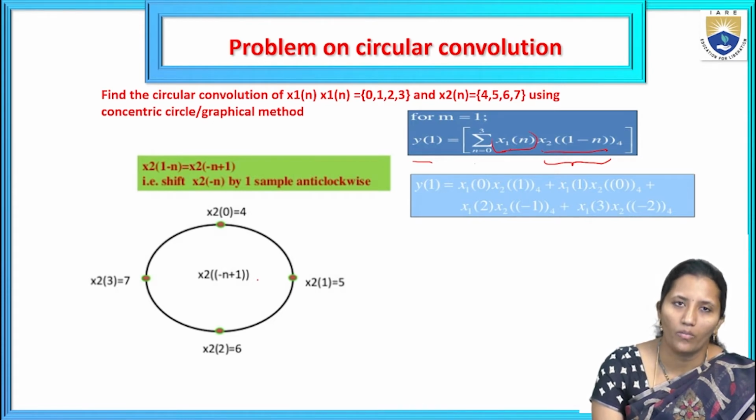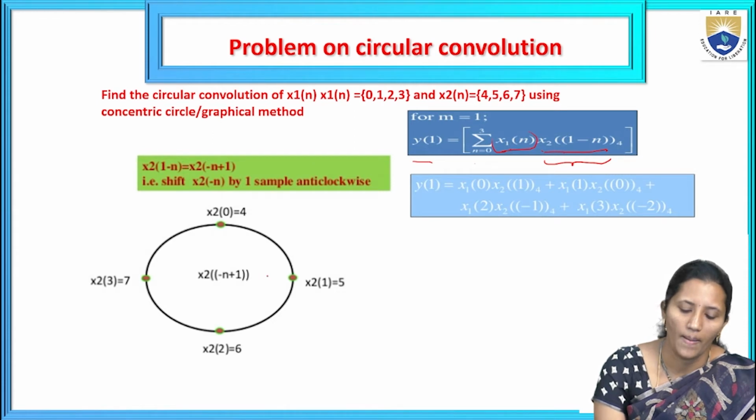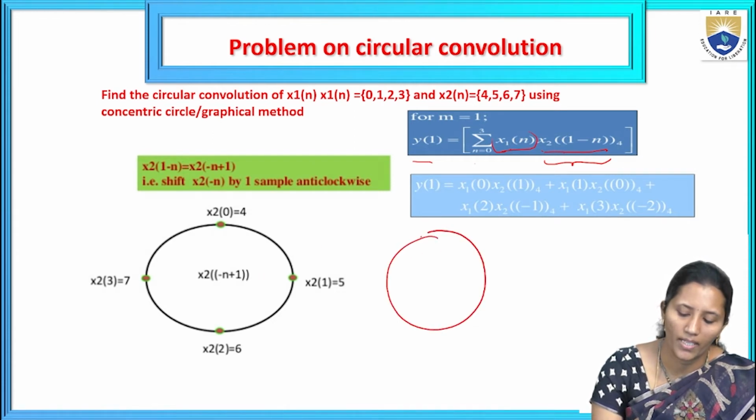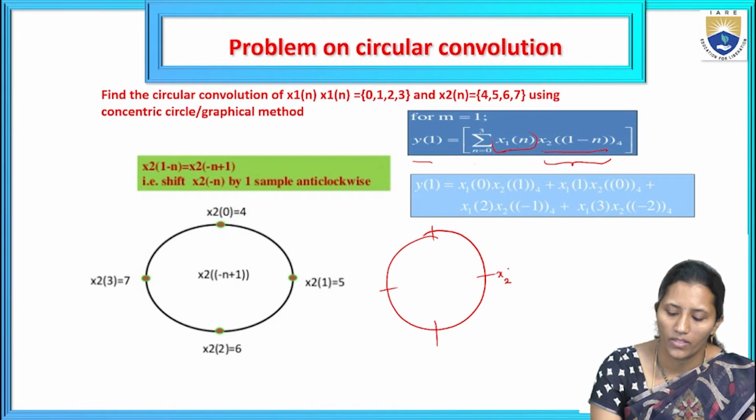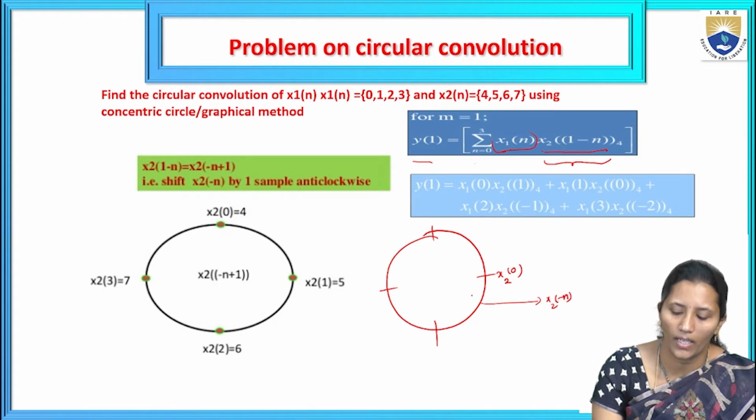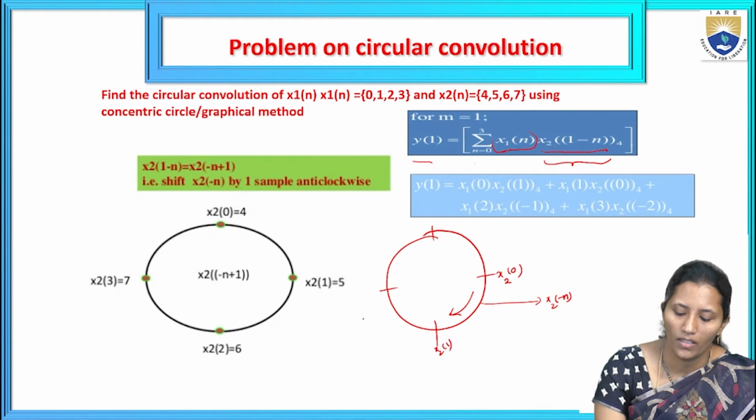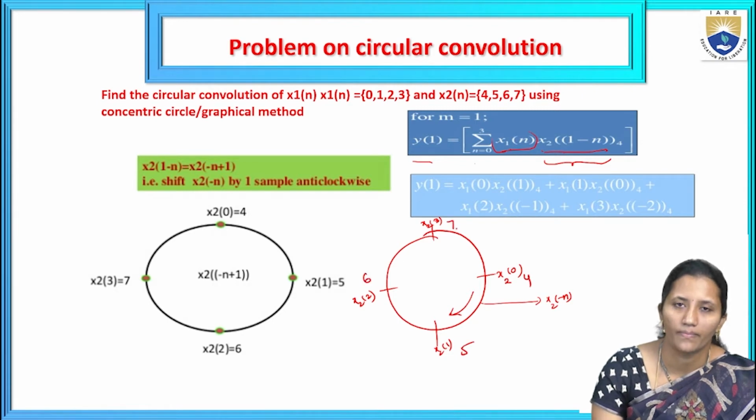So how to plot x2 of 1 minus n? First we have to take x2 of minus n, with 4 equidistant points. This is x2 of 0 on the inner circle. For x2 of minus n, we write the values in the clockwise direction. So this is x2 of 0, this is x2 of 1, x2 of 2 and x2 of 3, that is 4, 5, 6, 7.